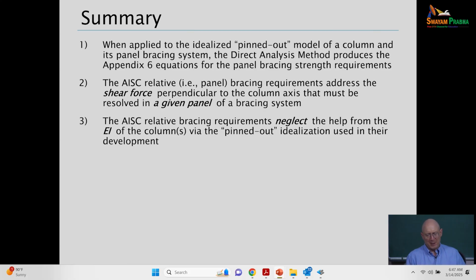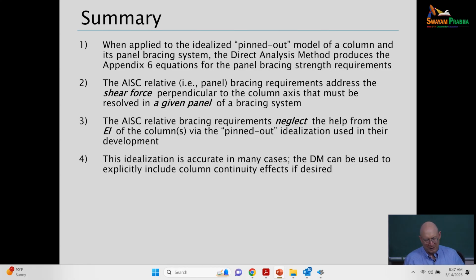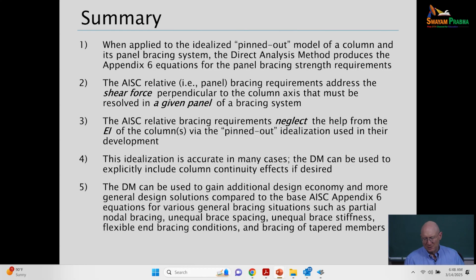Now it was pinned at top and bottom, so the derivation neglected any help from the rigidity of the columns. Turns out that for panel bracing, the rigidity of the columns doesn't typically offer much of a change. But if we analyzed with that, we get situations that justify the use of 0.005 rather than 0.004 of PU for the brace force requirement. This is a reasonable idealization in many cases.